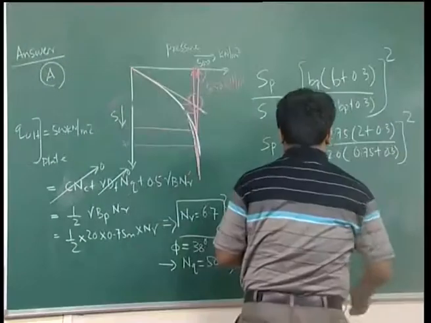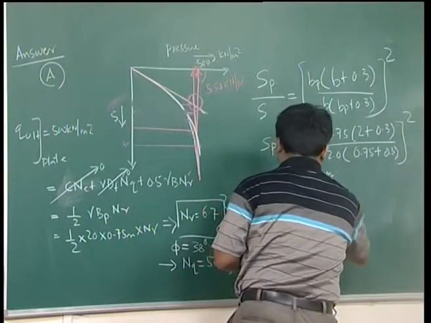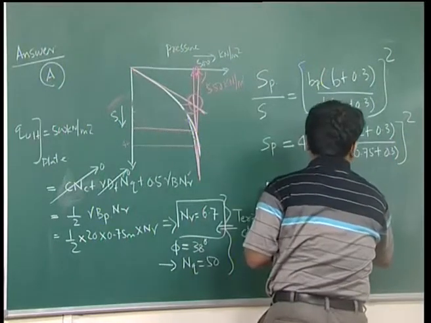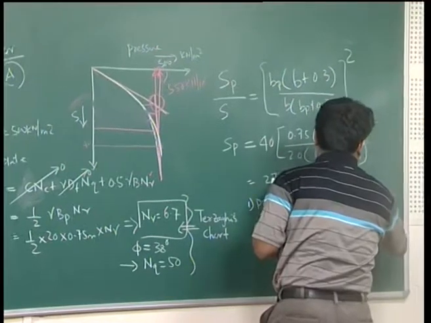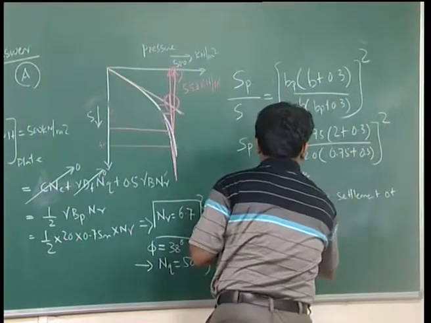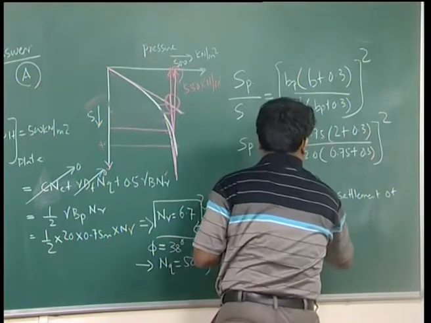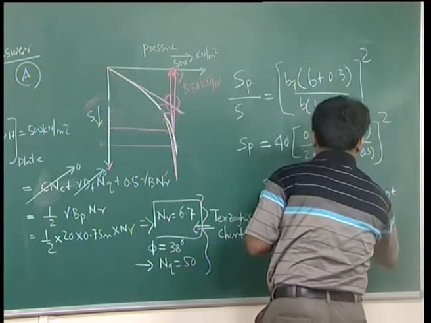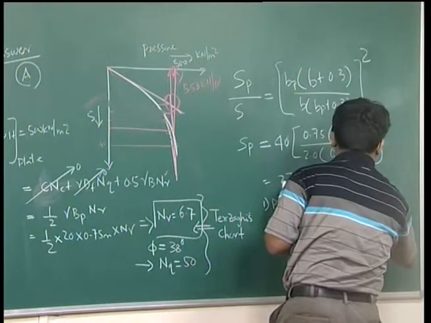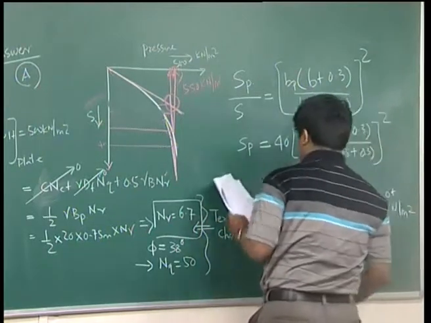Now, you can write the pressure for settlement of 27 mm of plate, which is equal to 550 kilonewton per meter square.